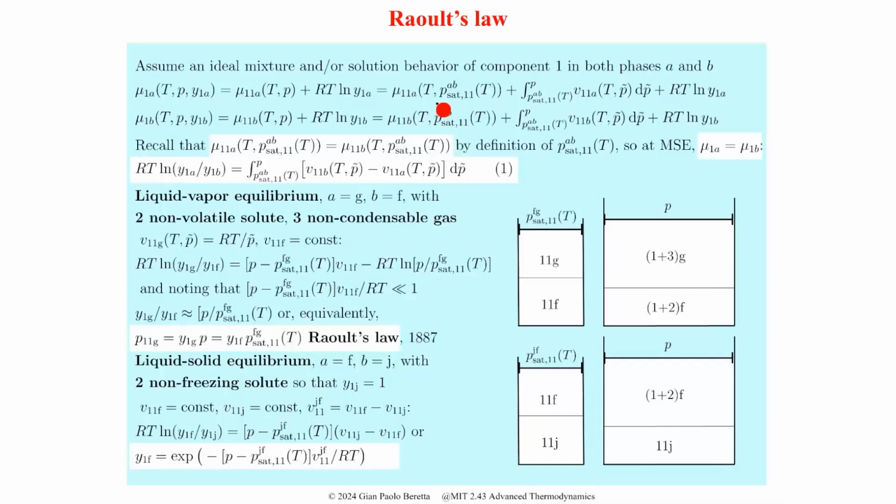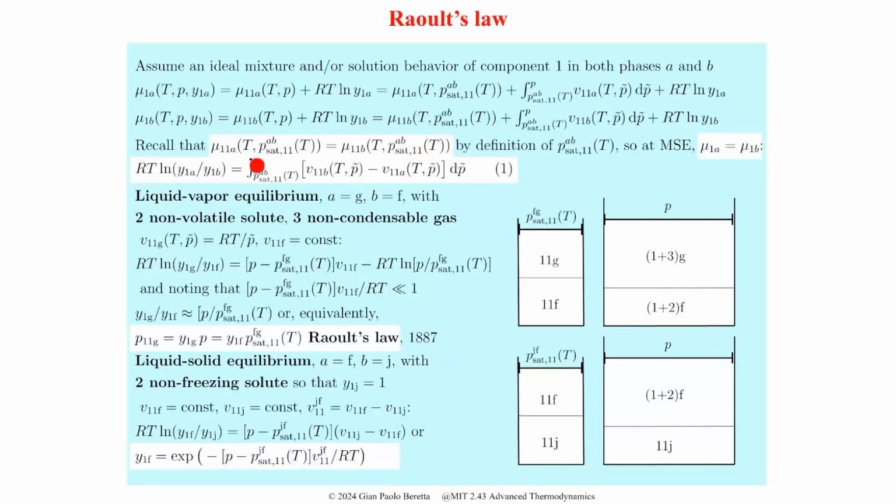Okay, so we rewrite this as chemical potential at another pressure, and we pick the saturation pressure, and then we integrate the derivative, and remember that the derivative is just a specific volume. And then we do exactly the same also for the other phase B. Just change the A's in B's.